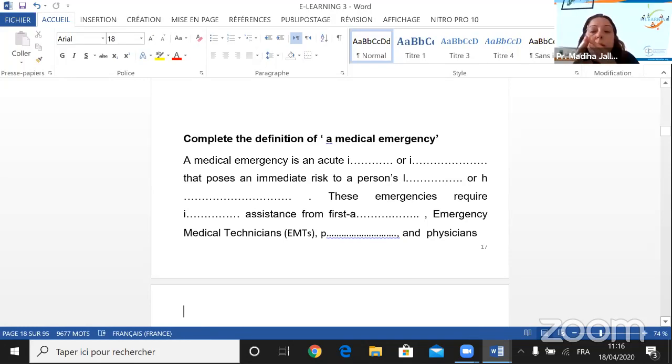So a medical emergency is an acute illness or injury. Think of sprain, of strain. The sprain and the strains, we said that they are injuries.